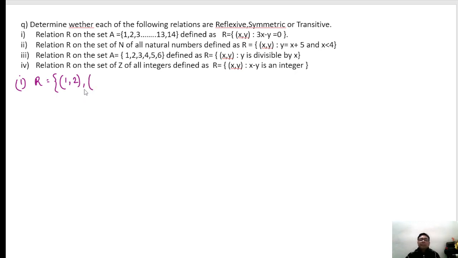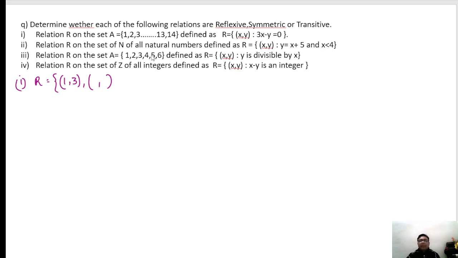Please hold on. Okay, we have to get 0. So if I choose x as 1 and y as 3, that means I can get 0, right?